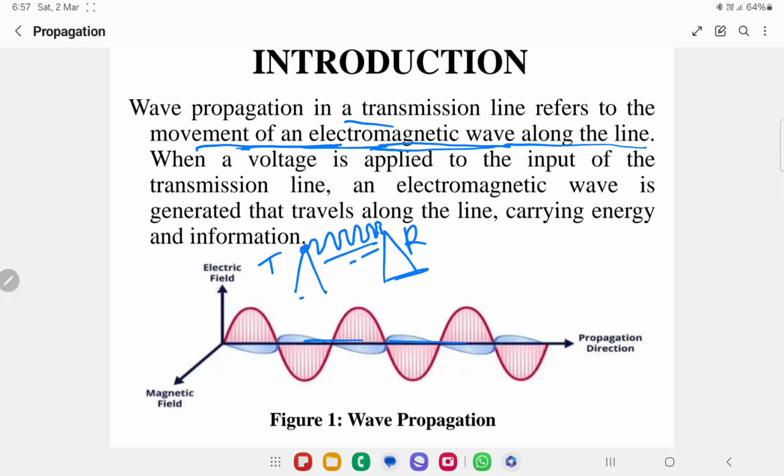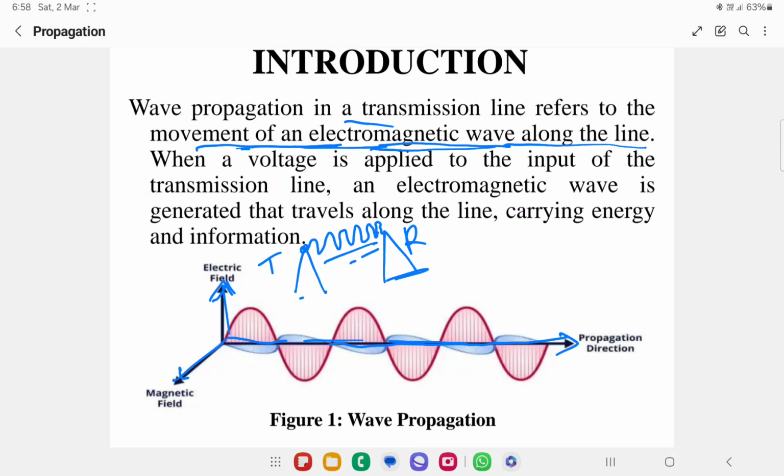This can be plotted in 3D like this, where this side we have kept the electric field, this side we have the magnetic field, and the direction of propagation is in this direction. Mainly this occurs when any transmission is through an unguided medium. Unguided media means wireless communication, where there is no wire.